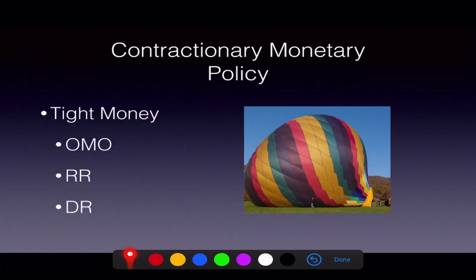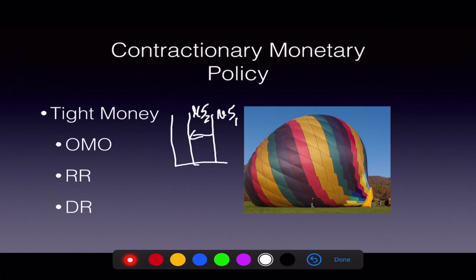On the other hand, you could pursue a contractionary or tight money policy, and that is seeking to move the money supply in the opposite direction. If you wanted to decrease the money supply, you could shift it to the left. That's a contractionary monetary policy.